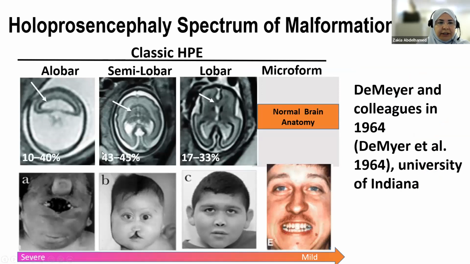So according to the degree of lack of development of the interhemispheric fissure, or the dorsal and ventral midline, in cases of the classic holoprosencephaly, we can see it divided into 4 classes that extend like a continuum of severity from alobar to a microform.